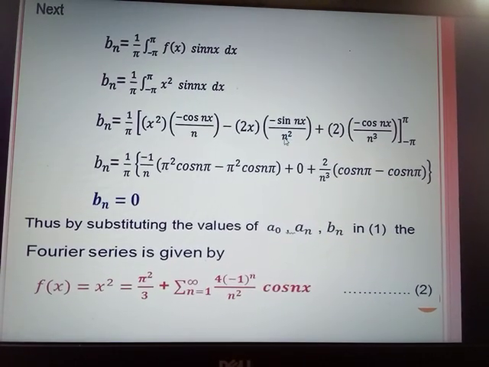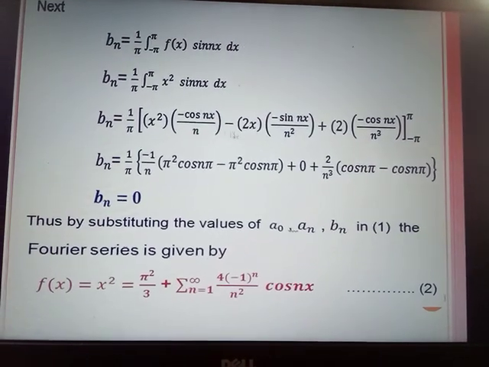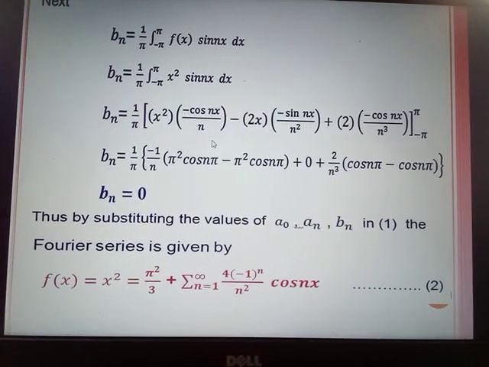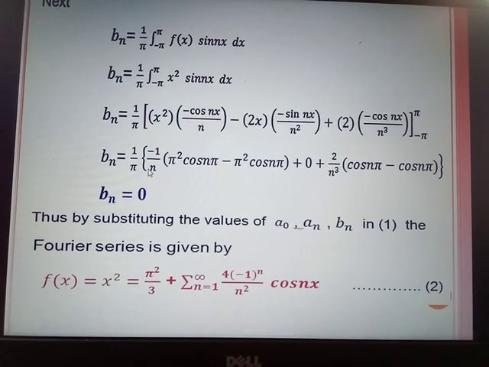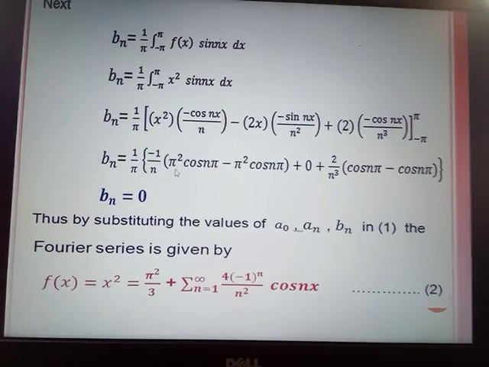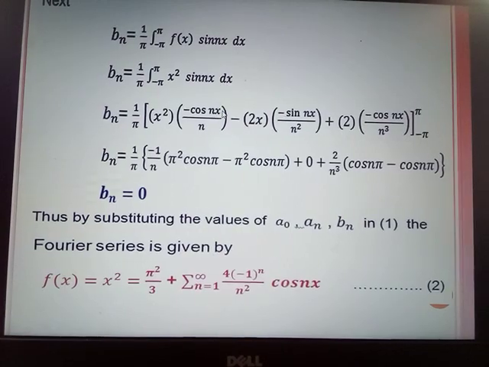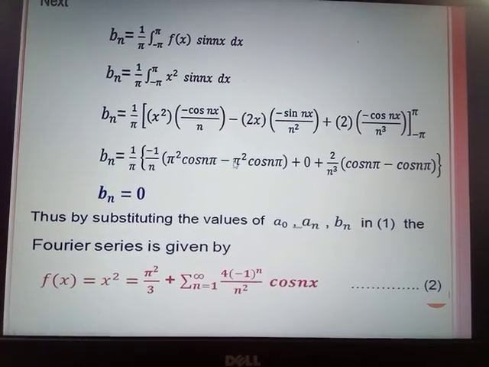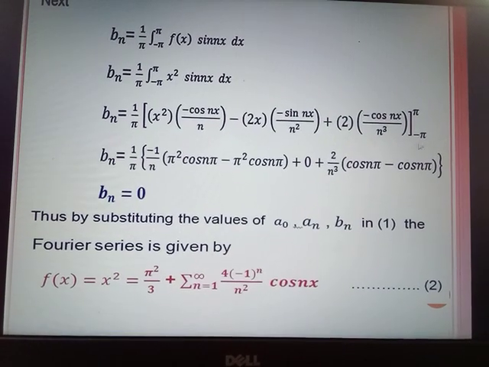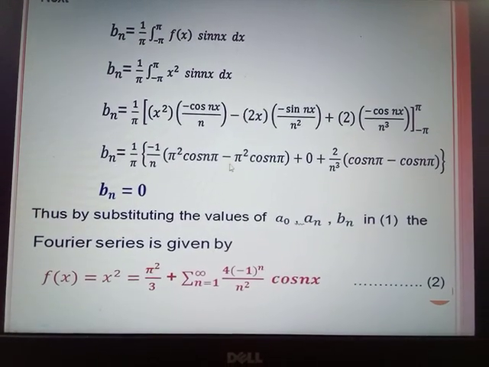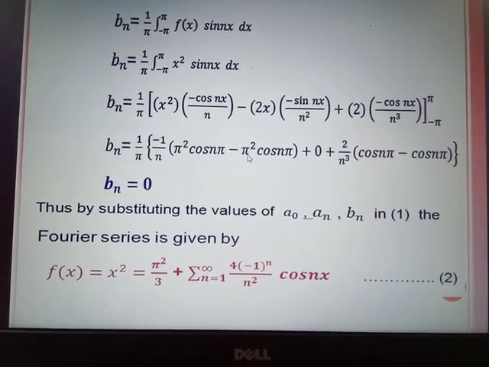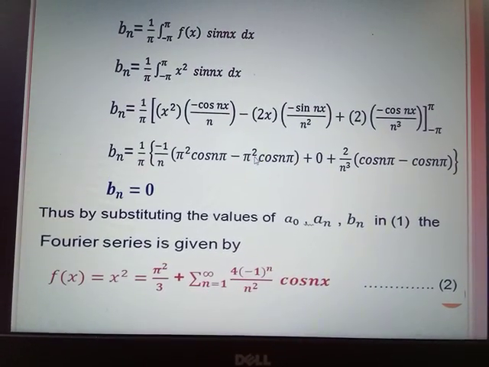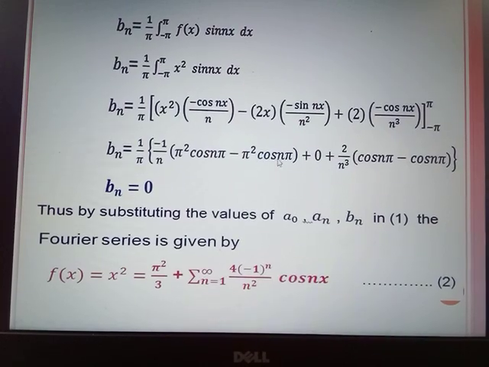From the first term, take minus 1 by n outside the limit, because it is a constant. x square into cos nx, we have to apply the limits. It will be pi square cos n pi minus, our lower limit is minus pi, and minus pi whole square is plus pi square, therefore it is pi square cos n pi.